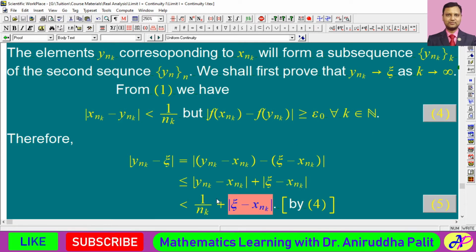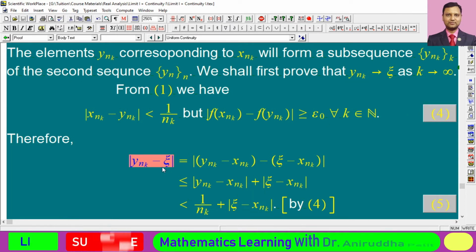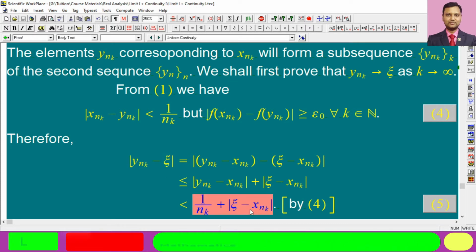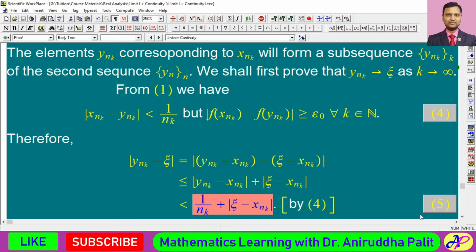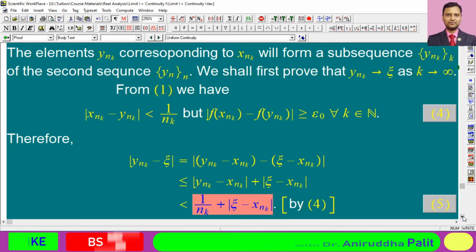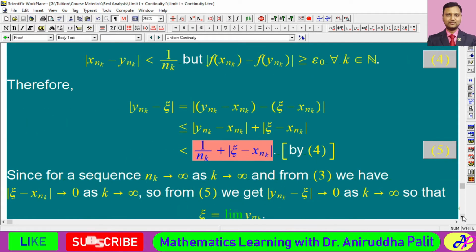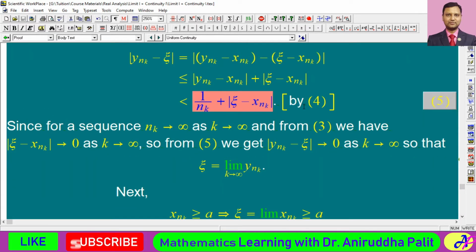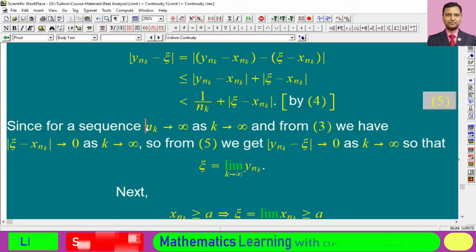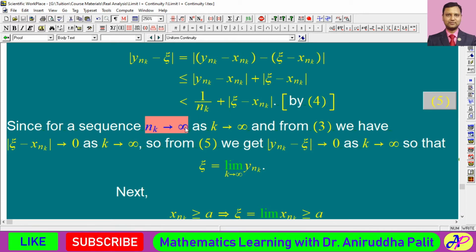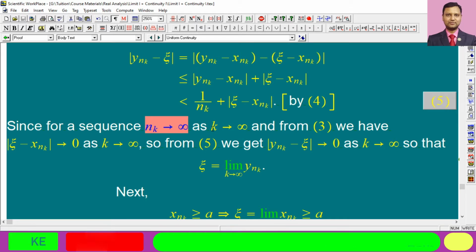So from this relation number 2 and relation number 4, we get that this difference ynk minus xi is less than 1 by nk plus modulus of xnk minus xi. Because we know that for any subsequence, nk diverges to infinity as k tends to infinity.